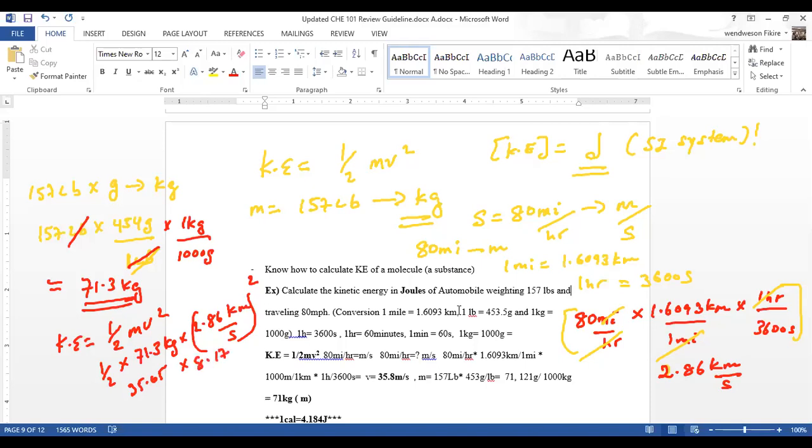Times 35.65, that gives you about 292 joules. That's the kinetic energy of the automobile that weighs 157 pounds and is traveling 80 miles per hour. So it has about 292 joules of energy.